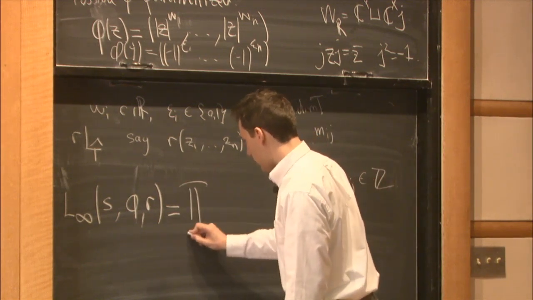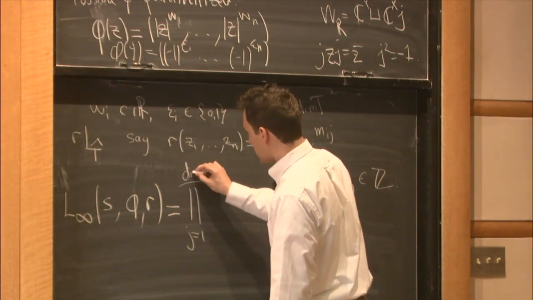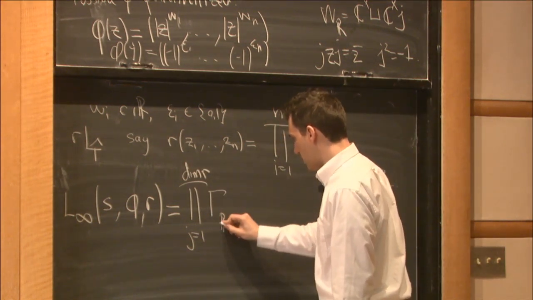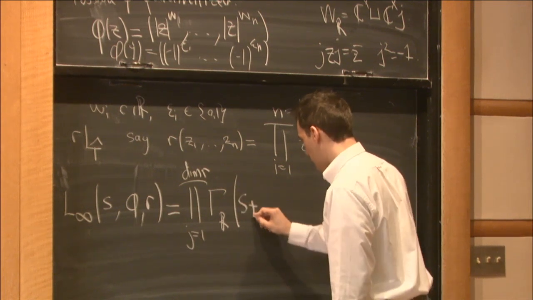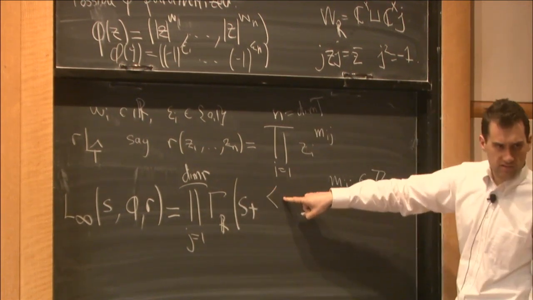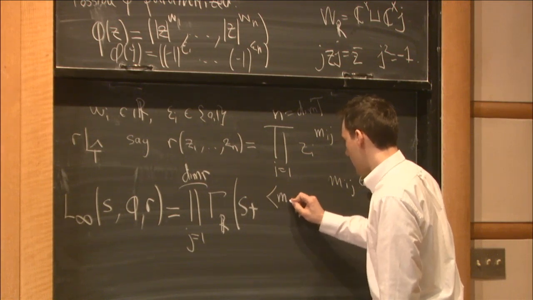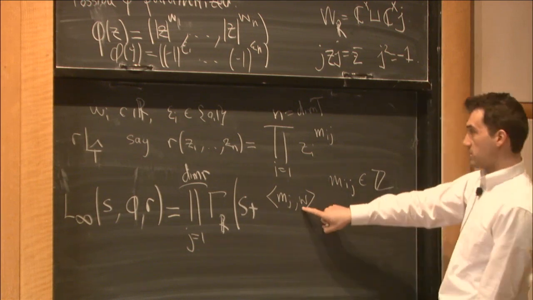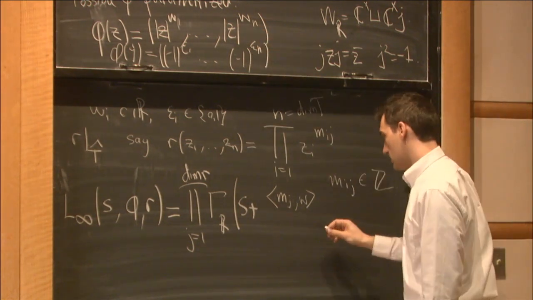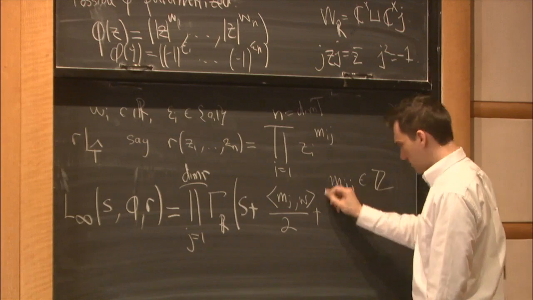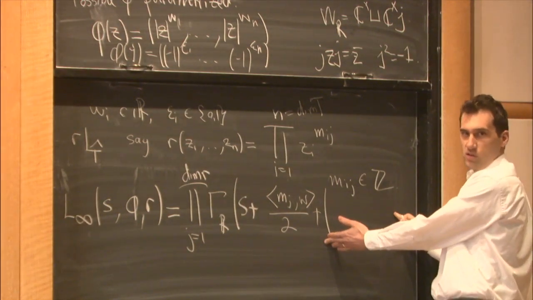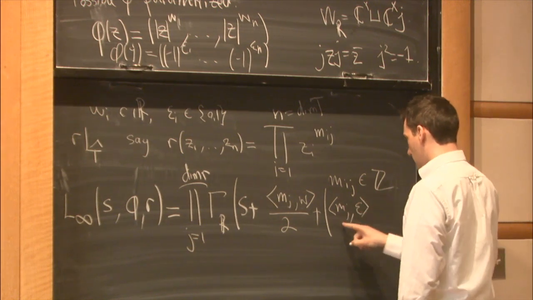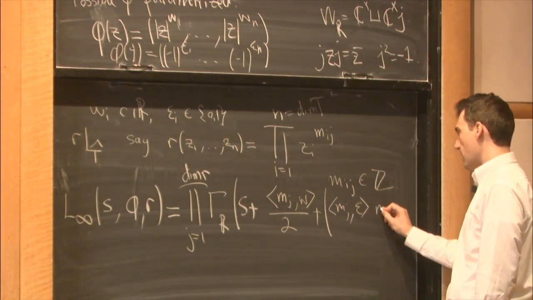This is a product, j equals 1 to the dimension of the representation, of gamma_R of s plus, where this is the standard dot product, m_j dot w, where w is the vector of w's, over 2, plus a number which is 0 or 1, namely m_j dot epsilon mod 2.